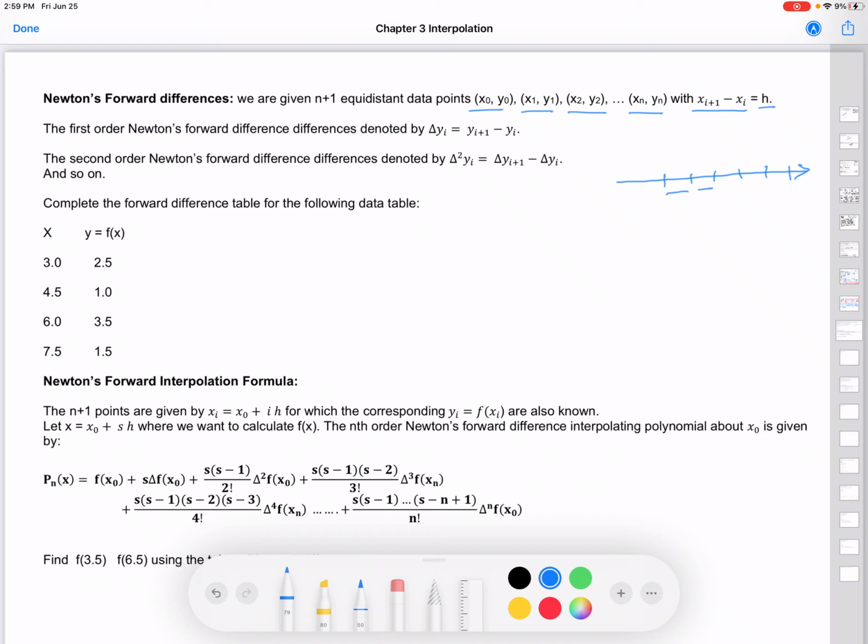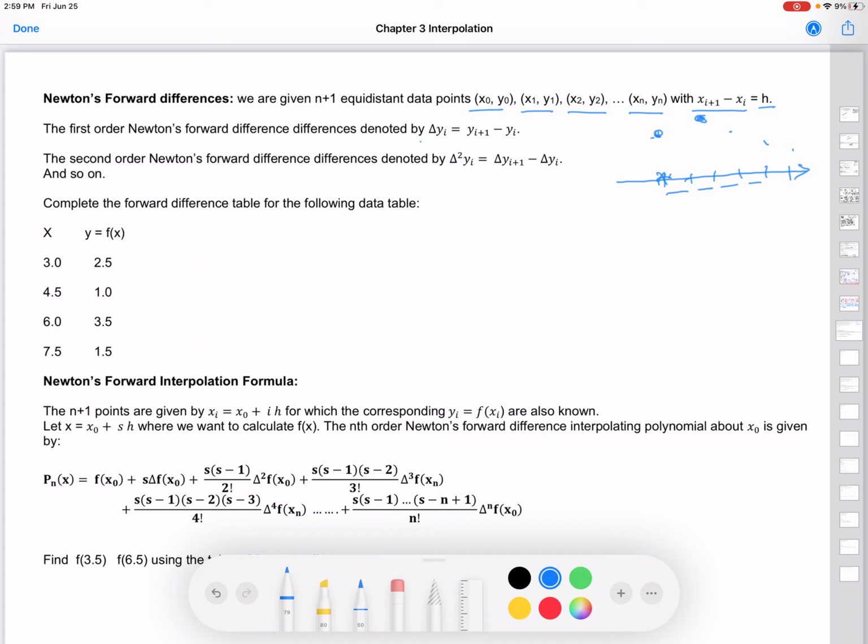So their distance is h, and you have the corresponding y values at these points. The forward difference at any point is the difference between the forwarded value and the current value. So this is the forwarded value and this is the current value.